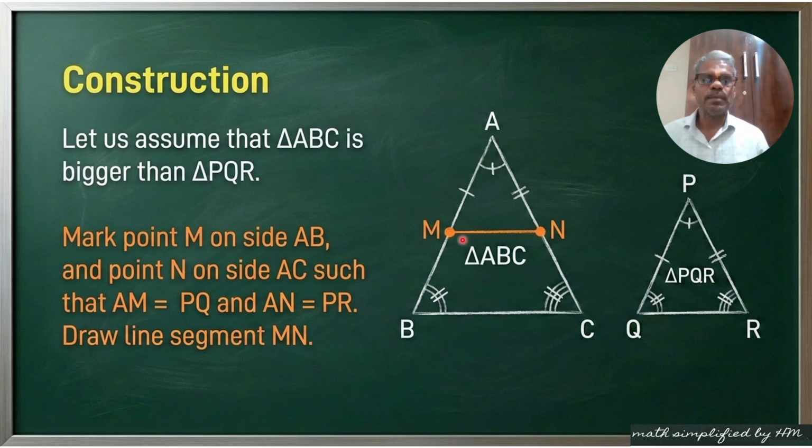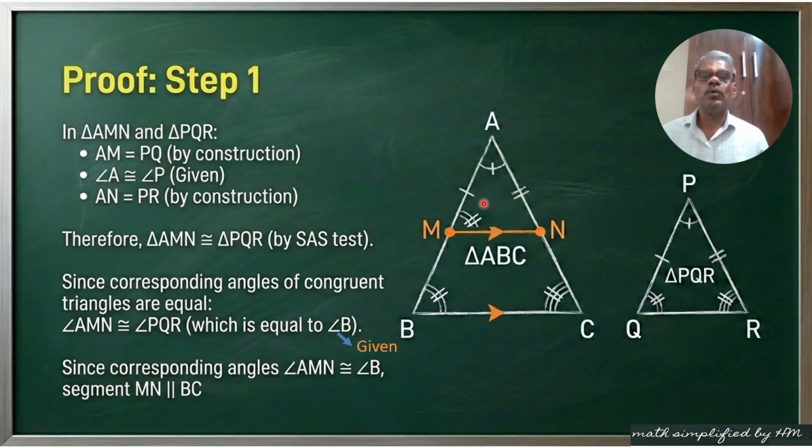Draw line segment MN. Now let us look at the new triangle we just created inside the big one, triangle AMN. Now this triangle AMN and this triangle PQR, we will see their relevance. In triangle AMN and in triangle PQR, side AM is equal to side PQ by construction.